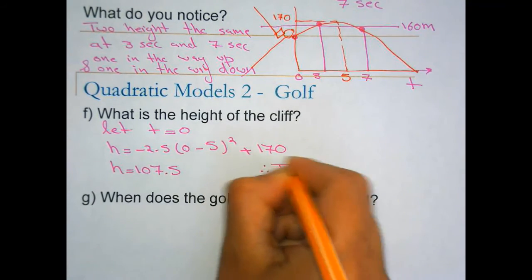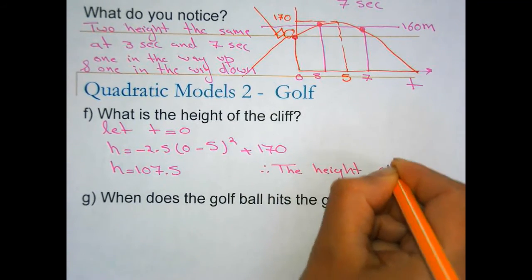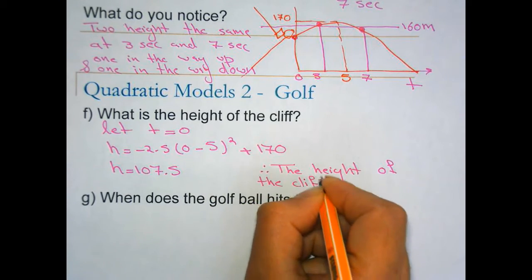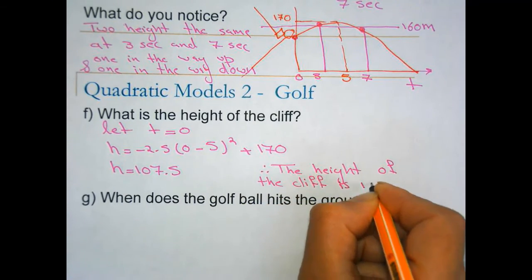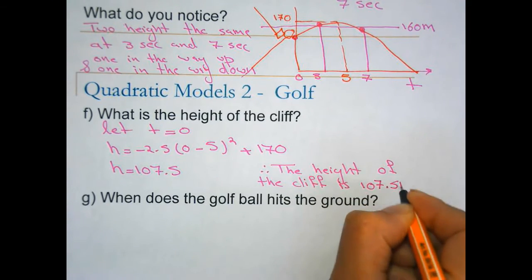So the height of the cliff is 107.5 meters.